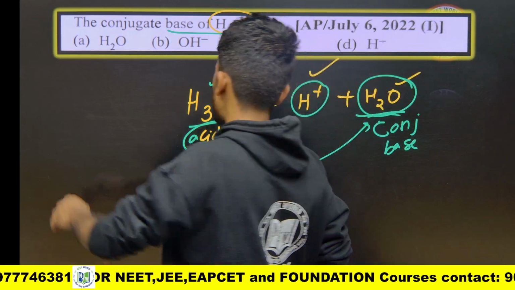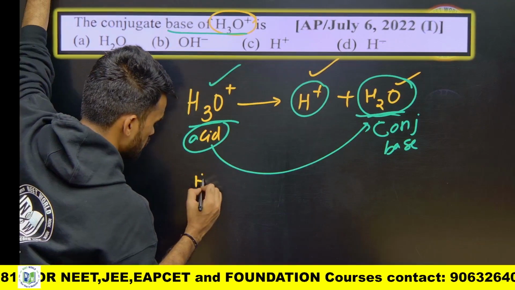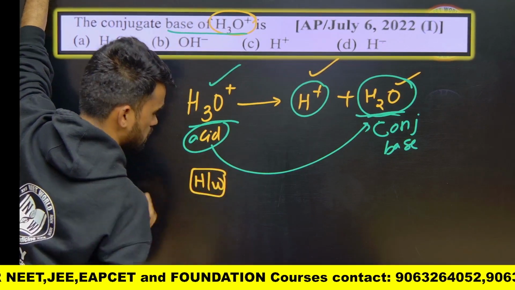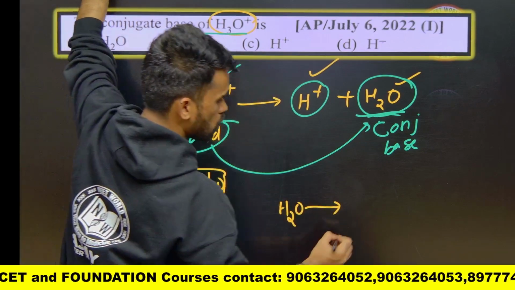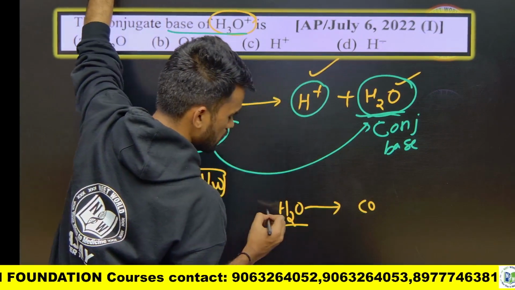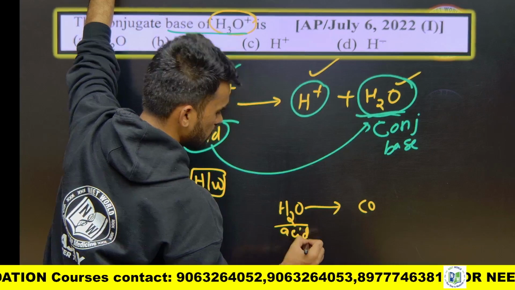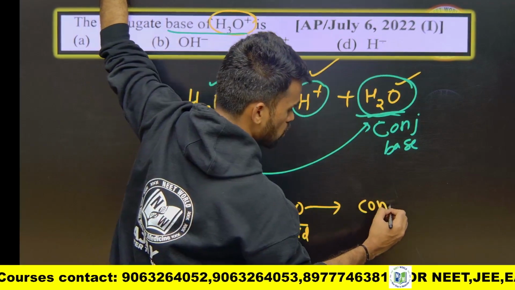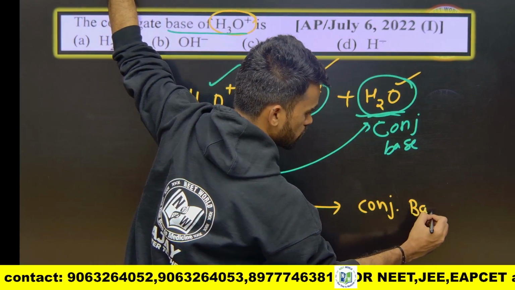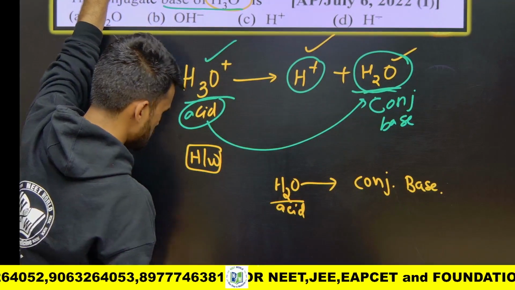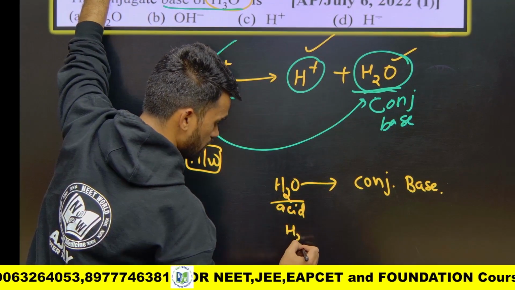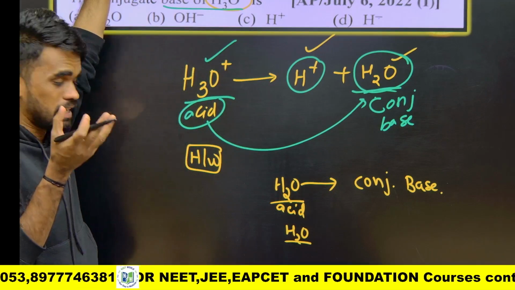Okay, now I will be asking you one question as homework. In the comment box you need to answer. So I will be giving you a water molecule. See, if this is an acid, what is its conjugate base? Okay, so you write in the comment box. Okay, see, this is really a little tricky, you need to think a little bit.